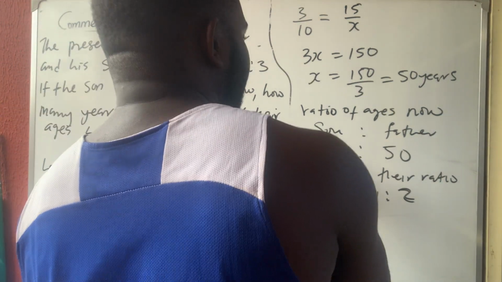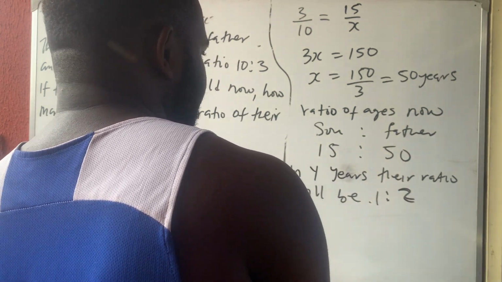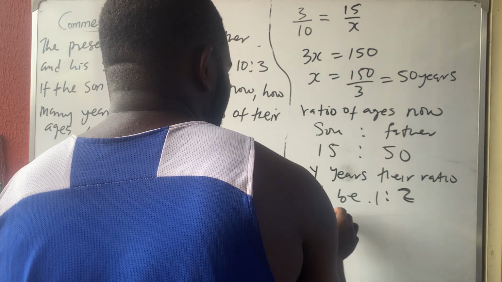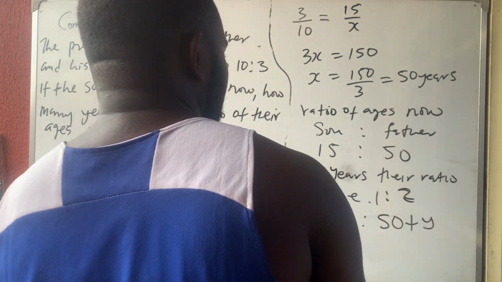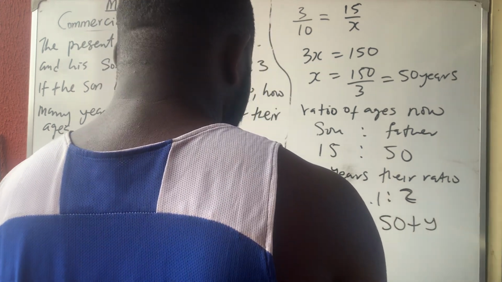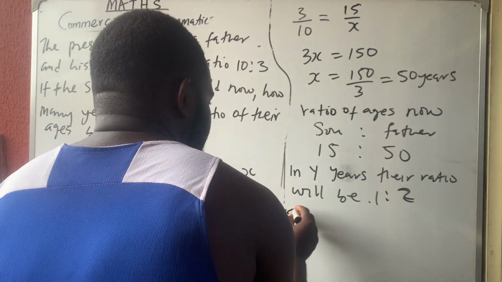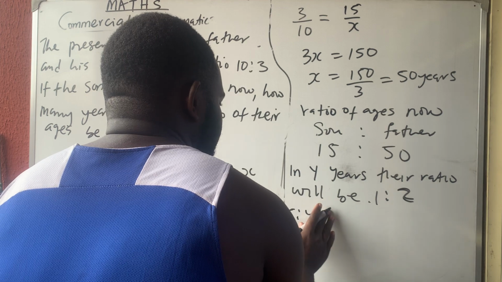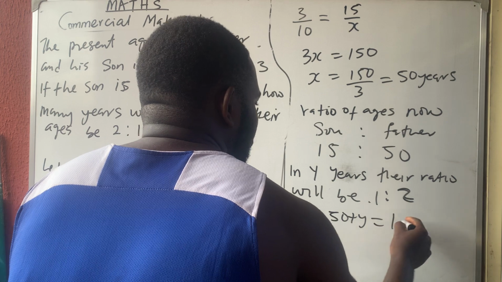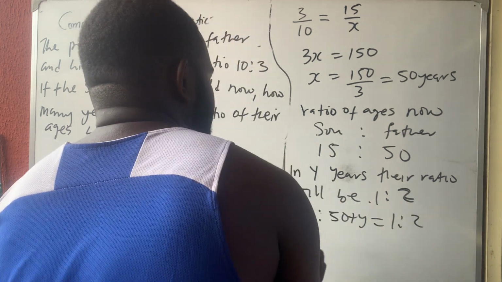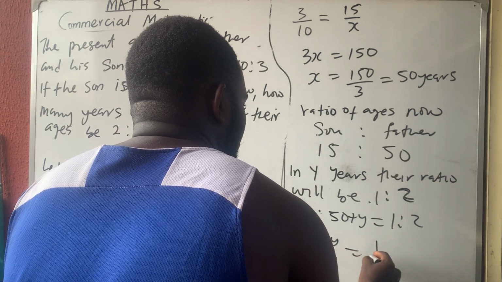So which means if I add y to both of them, it should give me equal to this. All right. So which means 15 plus y is to 50 plus y will give me 1:2. Right? So therefore 15 plus y over 50 plus y is equal to 1/2.